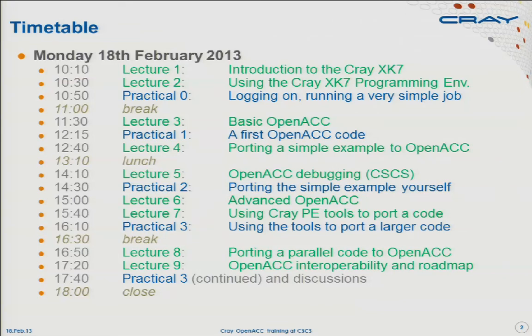But this practical is going to run a script which is going to do two things. It's going to learn about what the GPU looks like by running two utilities. One is from NVIDIA, it's called nvidia-smi, and the other is the pgaccelinfo script, which comes with the PGI programming environment. Both of these are very useful if you just want to get some quick numbers about the GPU.